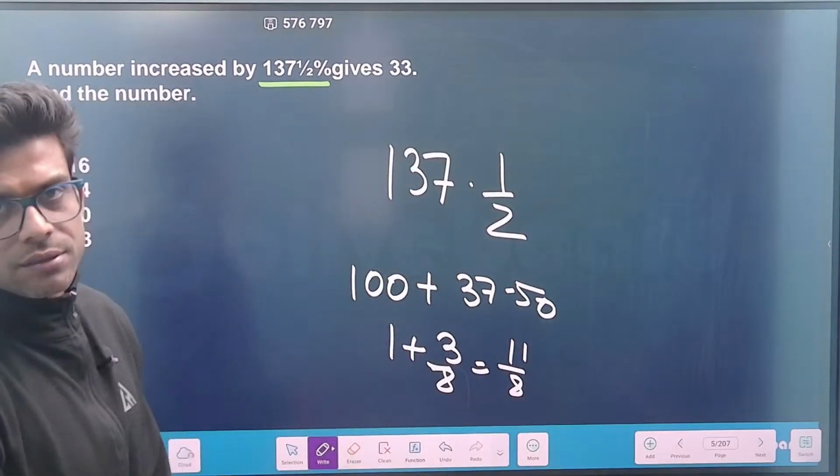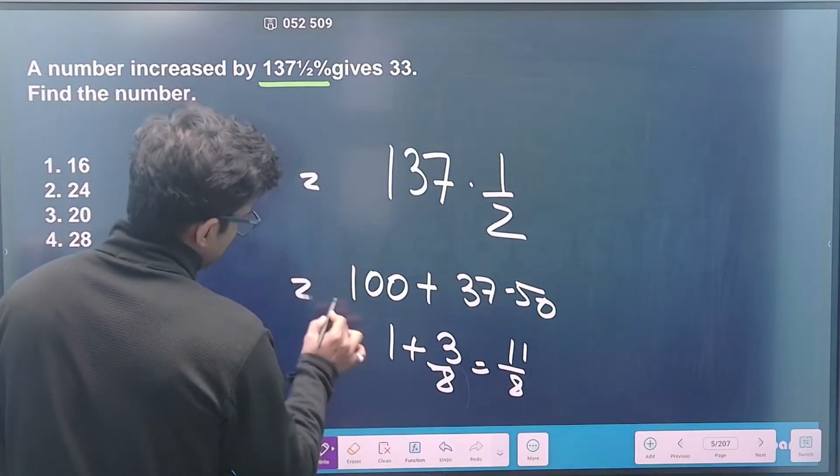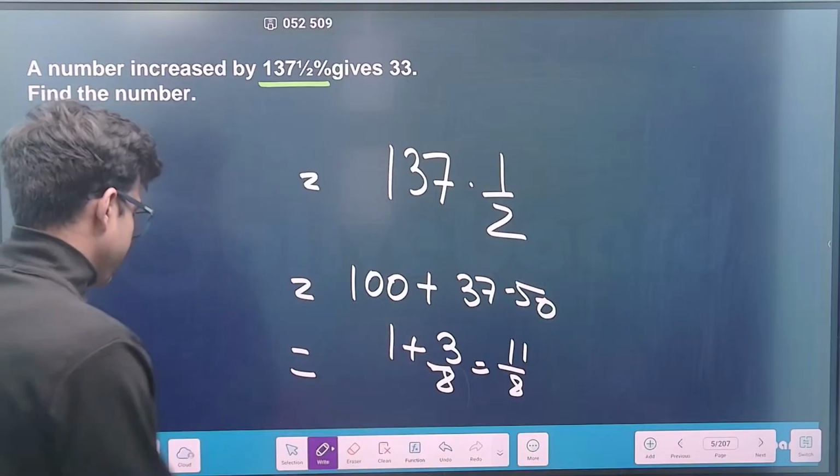Come on, say fast. Till now it is clear. See the process, everyone: how this becomes 11 by 8.